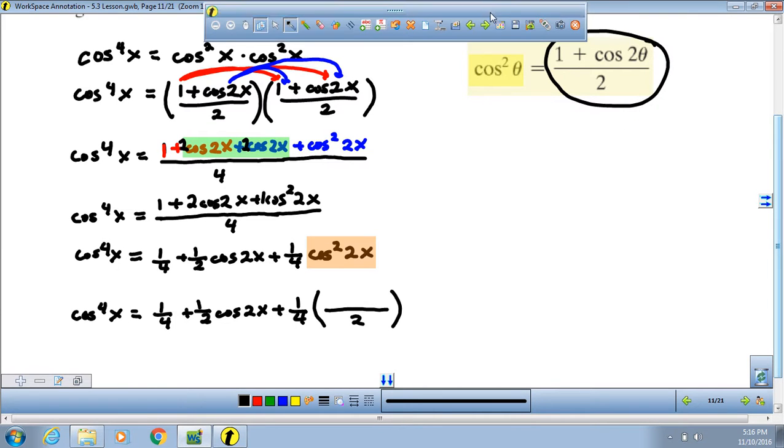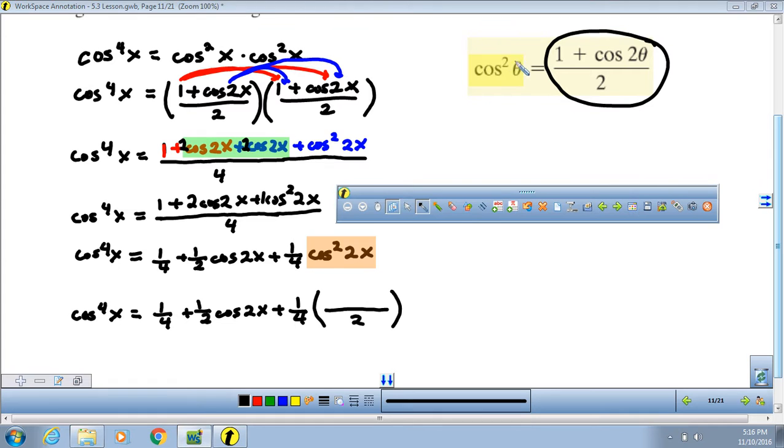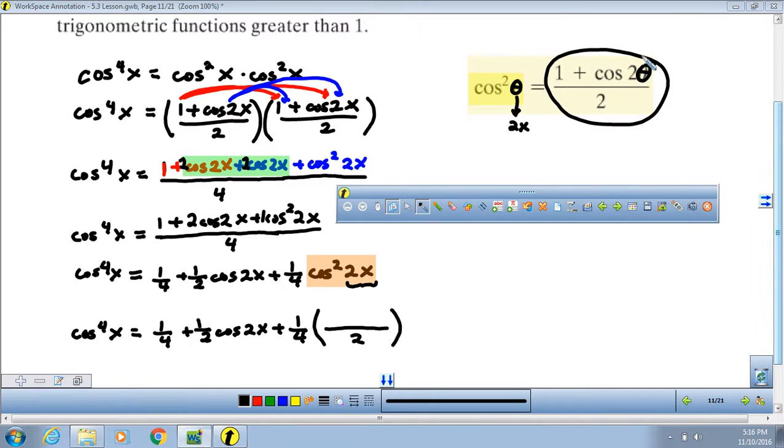But be very careful, because originally we're talking about an angle that is theta. And right here on the formula, when you rewrite it, it's going to be 2 theta. But on this one, my original angle is 2x. So on the formula, it's basically going to be 2 times theta, but theta is 2x.